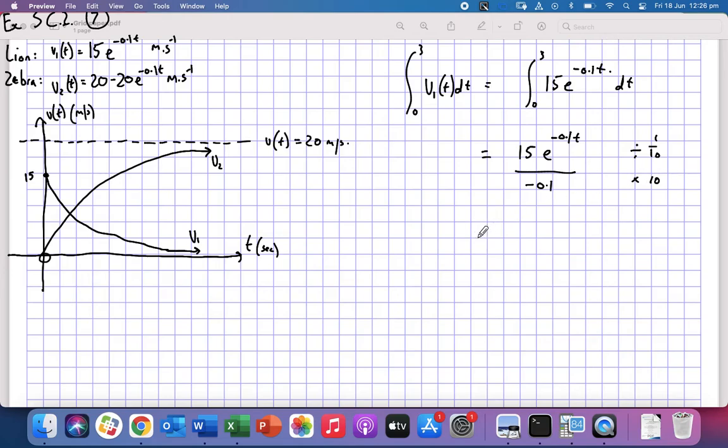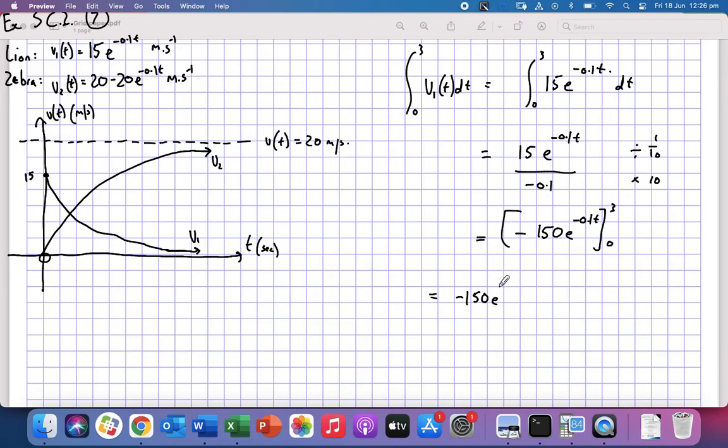Right? So our antiderivative equation will be minus, there's a minus there, 150 e, this is our antiderivative, and we'd have to evaluate that between 0 and 3. As in, go to the calculator, minus 150 e, what's 3 times 0.1?